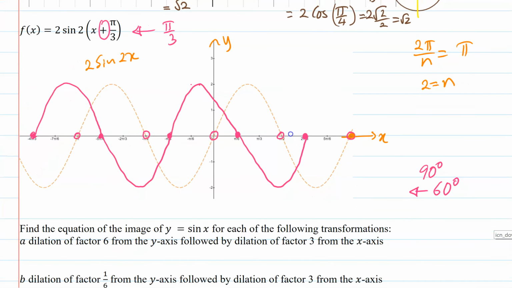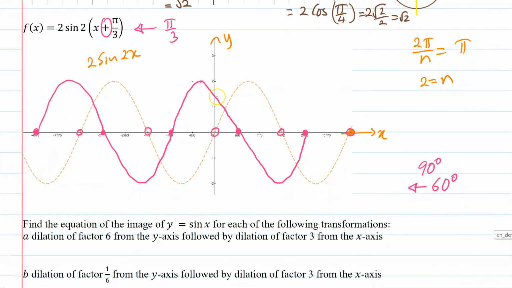Now you get the hang of that, and of course you can find the y-intercept here, simply by subbing x equals 0. Now if I look at that one, 2 times sine 2, when x is 0, it's pi on 3. Now I want to look at 2 sine 2 pi on 3.